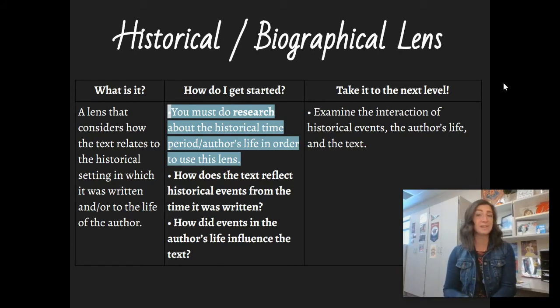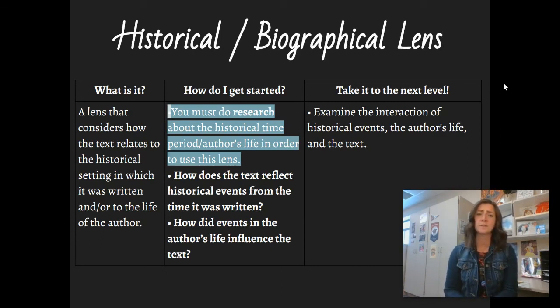In terms of history, you might have to do some research, and sometimes that's just a quick Wikipedia search. What was happening in history at this time or in the geographical location that the text was written? That will be a really important thing to consider as you're looking at the reflections. So our two questions: how does the text reflect historical events from the time it was written? Like I said with Hunger Games, it might reflect that 2008 recession.